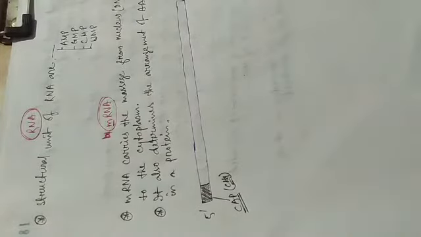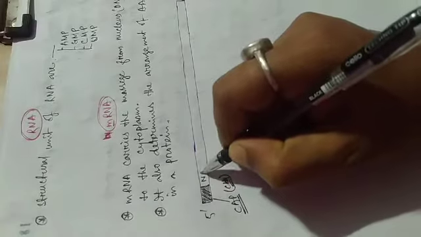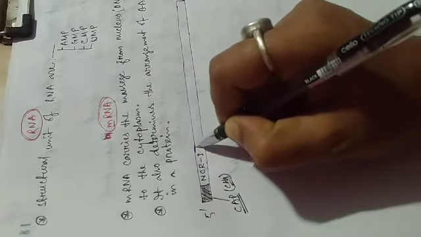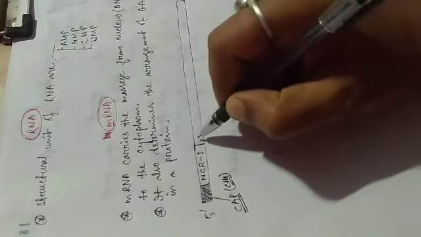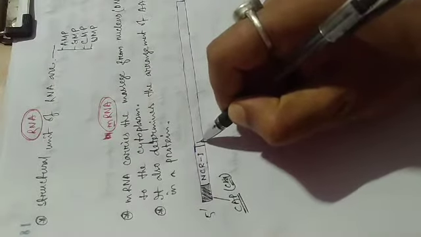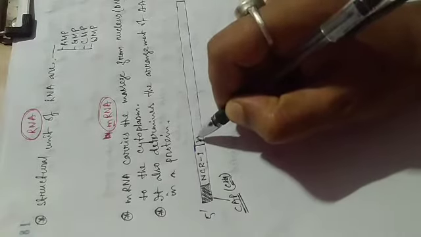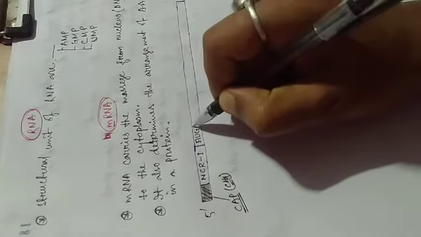Then NCR1, meaning non-coding region 1, is present just after the cap region. Then the initiation codon is present, that is AUG.